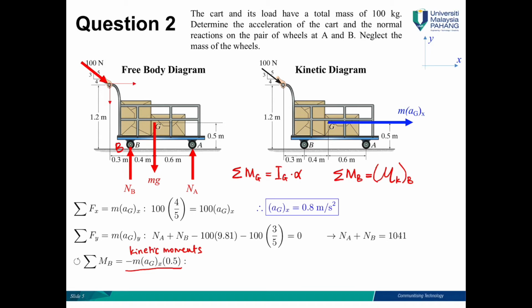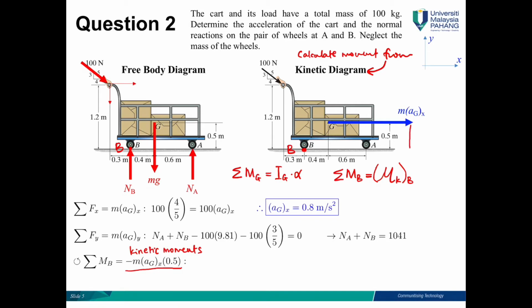Kinetic moment is calculating the moment from the kinetic diagram. So in this case, we will refer to the kinetic diagram. This is point B, and we have only one arrow. So how do we calculate the moment about point B from the kinetic diagram?